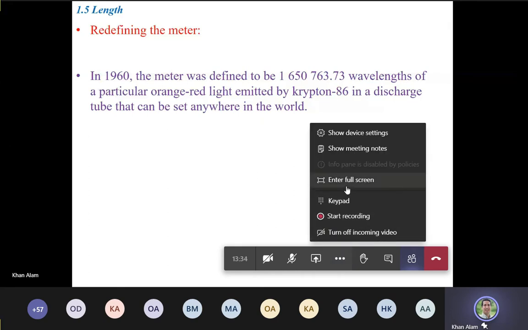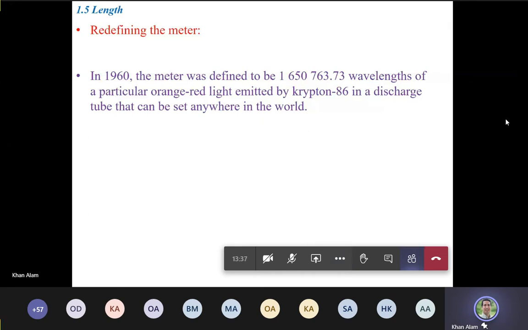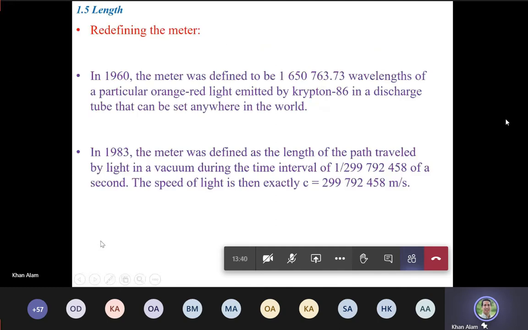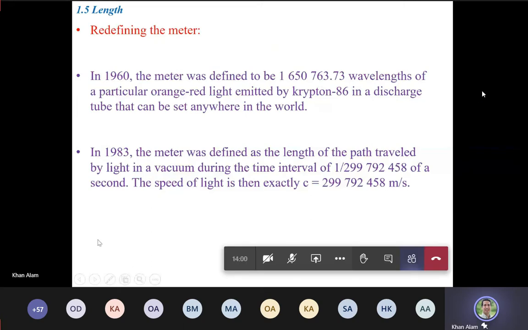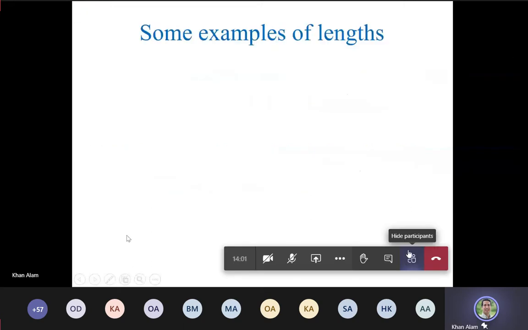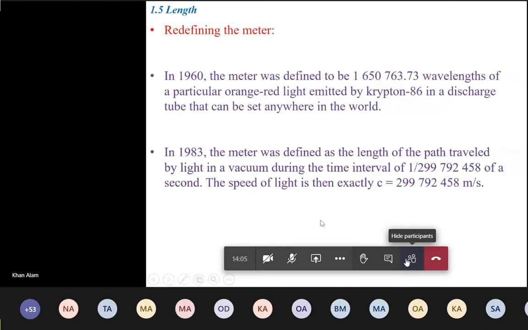We know that the speed of light is 299,792,458 meters per second.